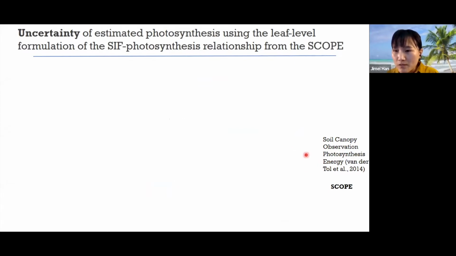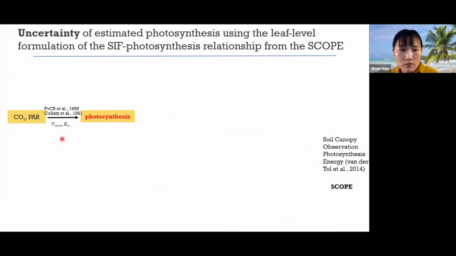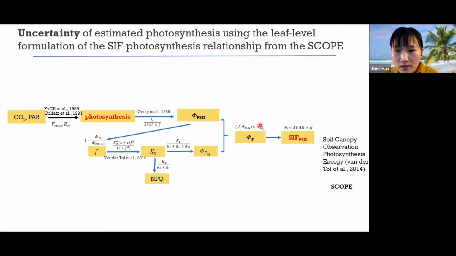relationship. Specifically, the SCOPE model first utilizes the FvCB biochemical model to calculate the photosynthesis and then photochemical quantum yield, which in turn is used to calculate the chlorophyll fluorescence yield and then SIF by empirically linking non-photochemical quenching models.